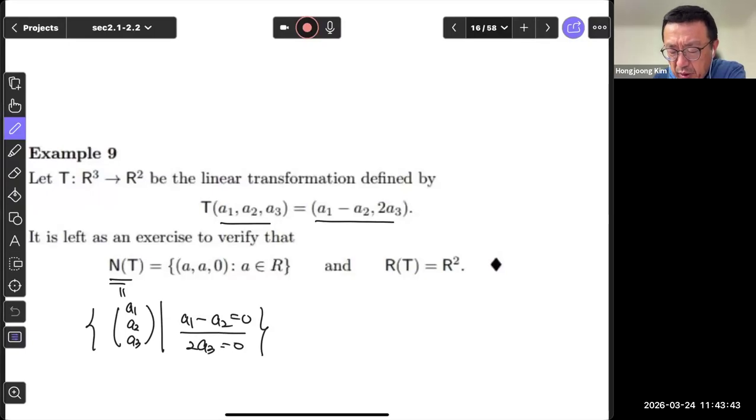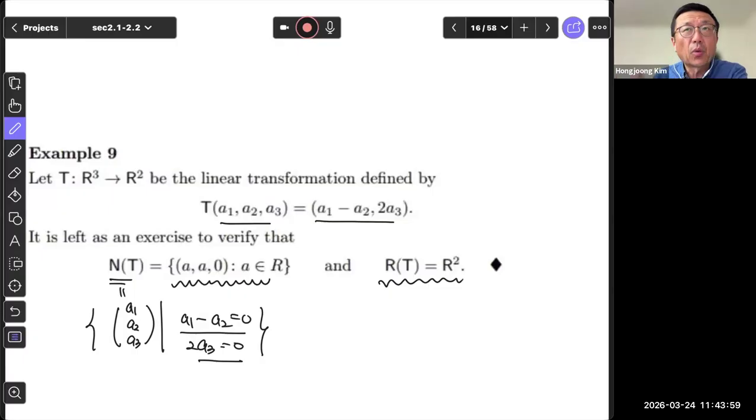So A1 minus A2 is 0, so A1 and A2 are the same, and the third entry will be 0. So that's why it consists of a vector of this form. And you can check that the range is the whole space. Please check this.